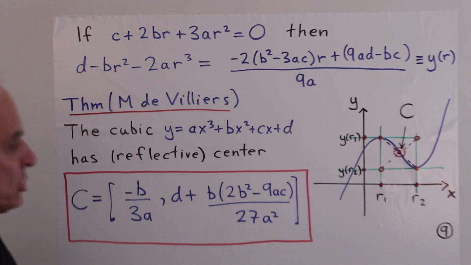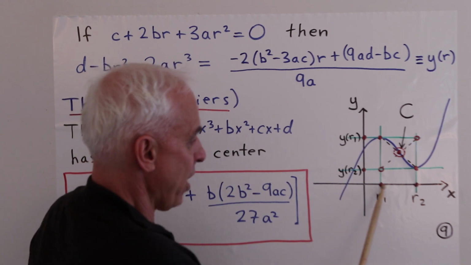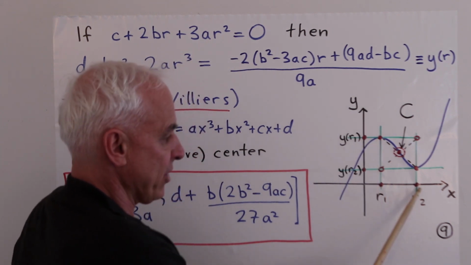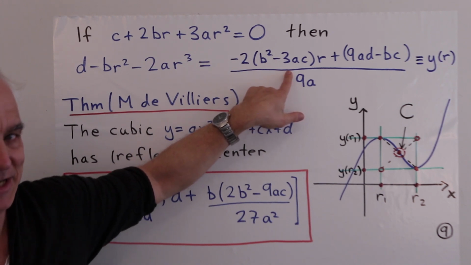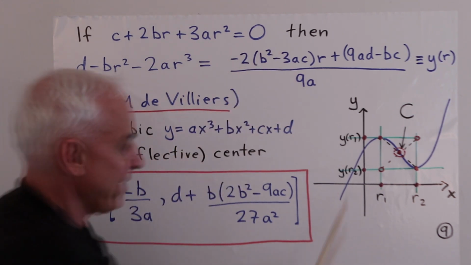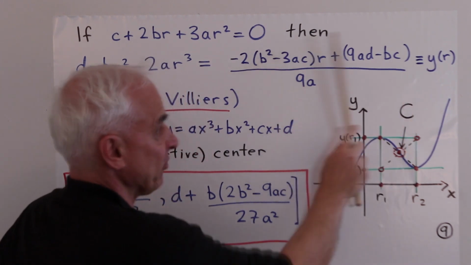So in other words, if we have a picture like this, and say one of the max is going to be at r1 and the other max is going to be at r2, so we're assuming that b squared minus 3ac is a square, then these y values here are going to be given by this expression here.